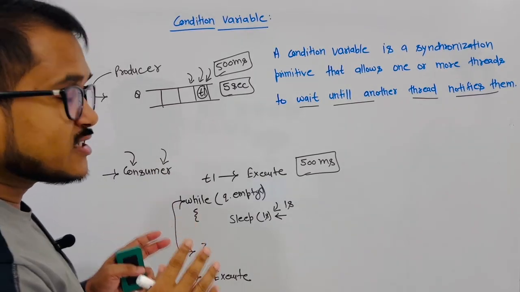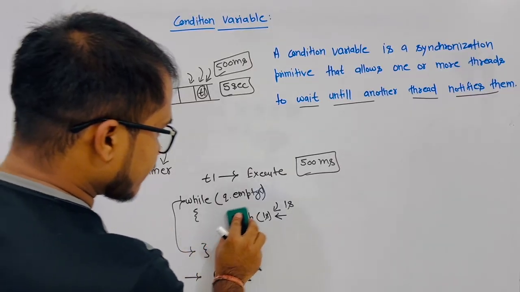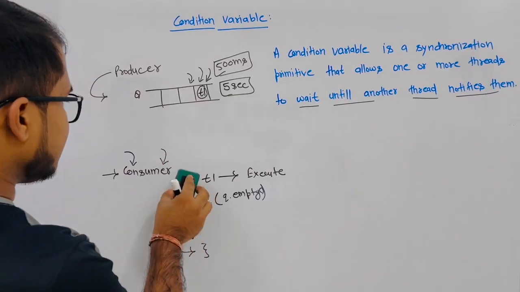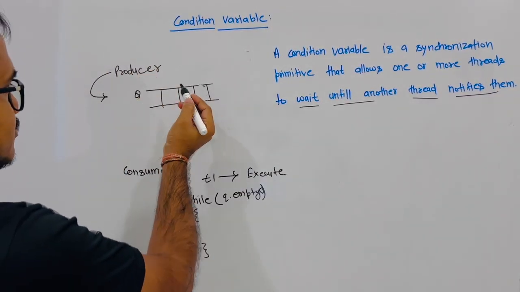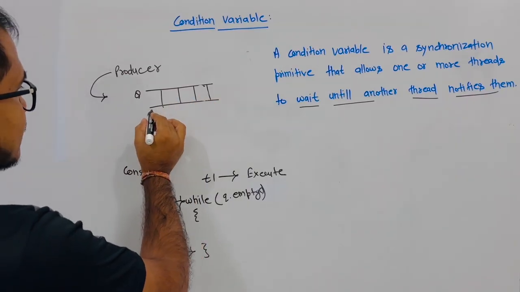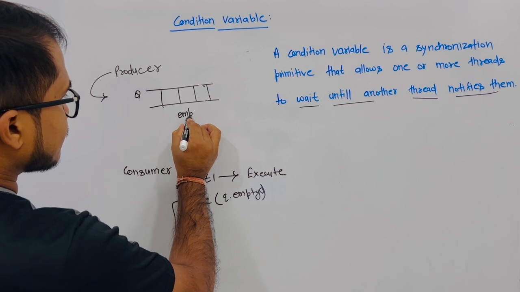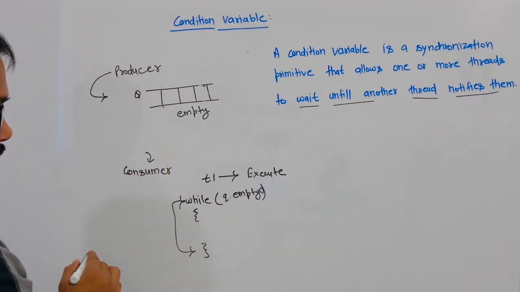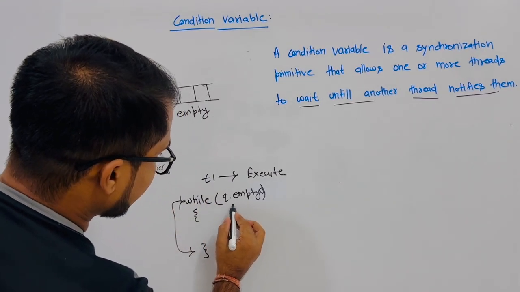So instead of using these two approaches, we can take another approach. Let me erase everything. Let's say the producer thread will produce something, and for now I am assuming that the task queue is empty. The consumer thread will check whether the queue is empty or not.